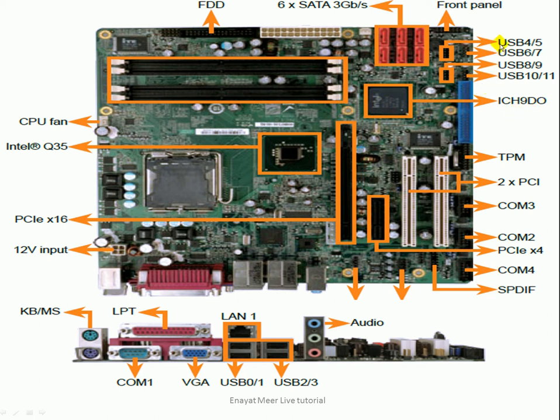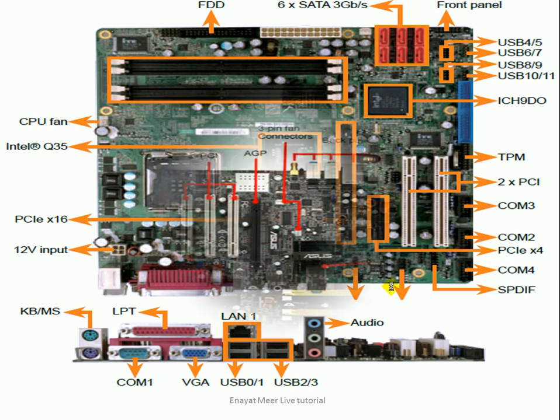And then you're going to see again several USB headers, and then you see serial ATA, SATA controllers, and main power supply connectors. So these are the six headers for the serial ATA, and this is a front panel. So this was the latest motherboard which I showed you here. And moving on to the next slide.